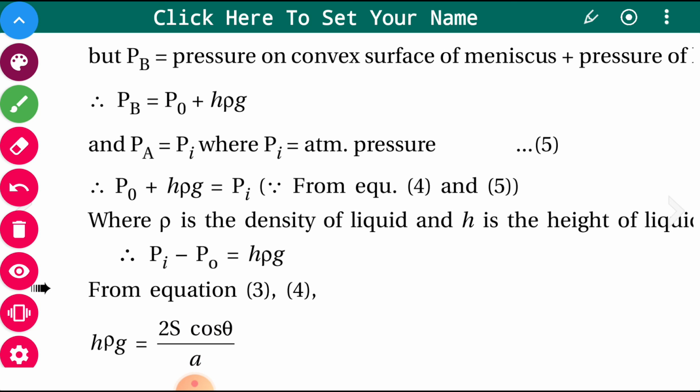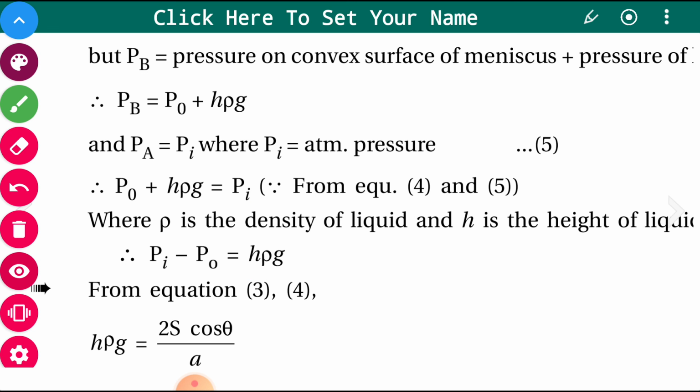So Pa is equal to Pb, and Pb is Po plus rho g h, so Pi is equal to Po plus rho g h. So Pi minus Po is rho g h.